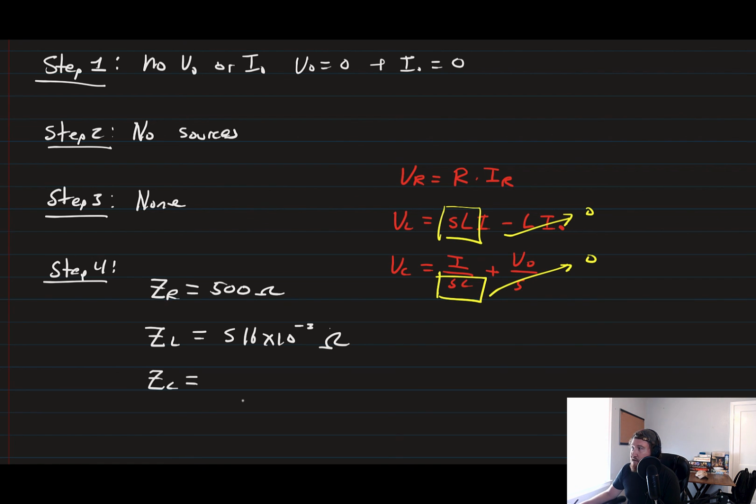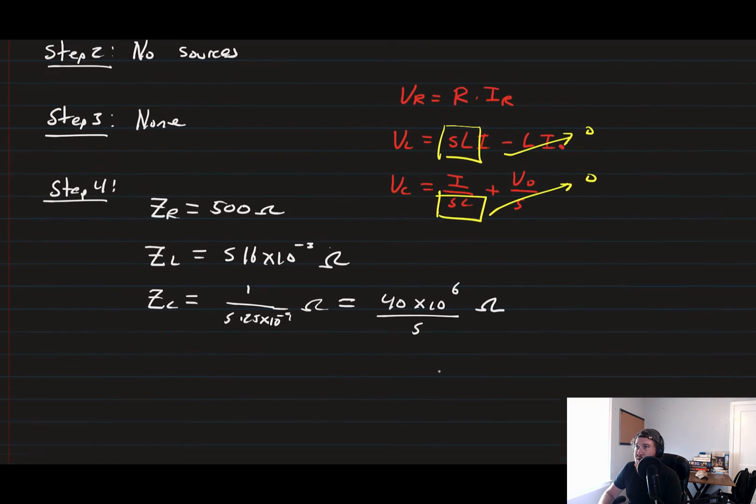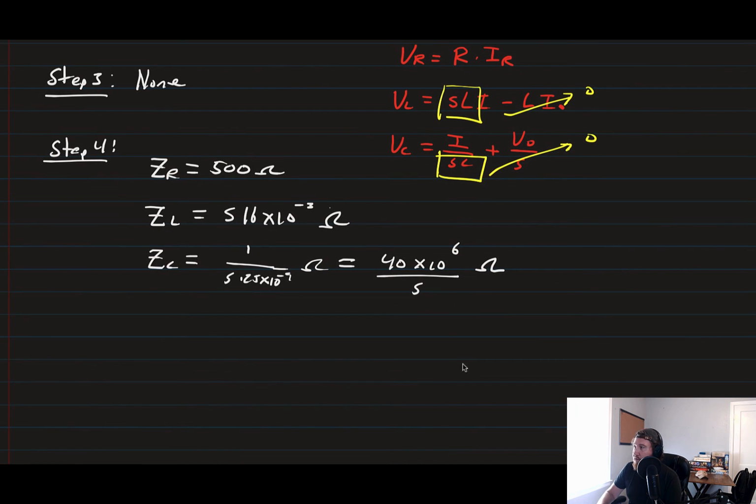And ZC is equal to 1 over SC, which is going to be 1 over S times 25 times 10 to the negative 9 ohms. And I want to get that value out of the denominator, so 1 over 25 times 10 to the negative 9 is going to give me 40 times 10 to the 6 over S ohms. So there are my transforms for the resistor, inductor, and capacitor.